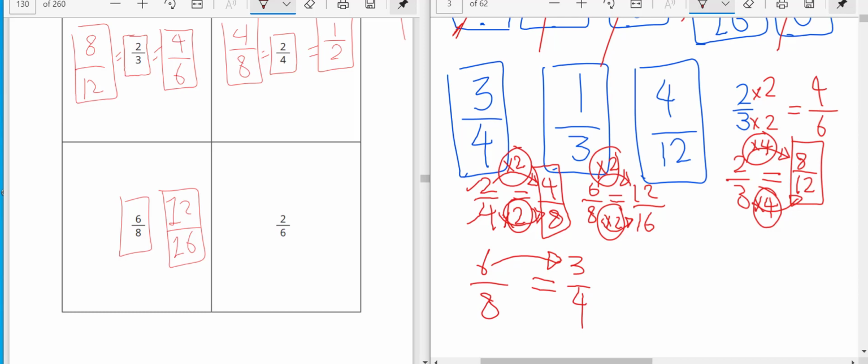Okay, so what times 6 equals 3? There isn't. We can find that 6 divided by 2 equals 3. This is a greater number, this is smaller, so we divide. Or what times 3 equals 6? 2.